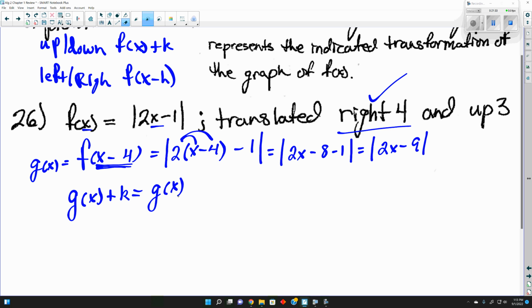Now, what's our value of k? Up 3, so it's going to be plus 3, yes? Minus 9 plus 3. Do I need to add the parentheses for this one?